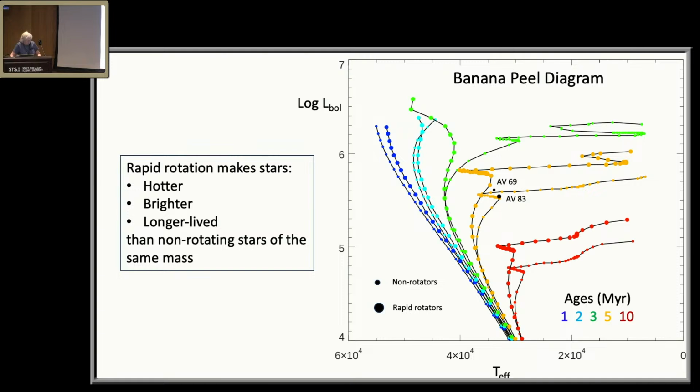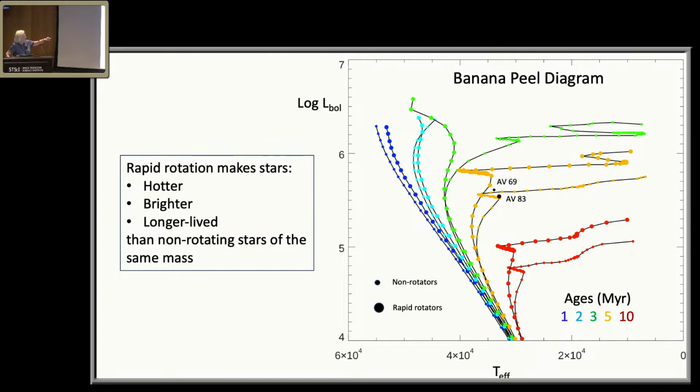So the banana peel plot shows how the isochrones change the properties of the star.